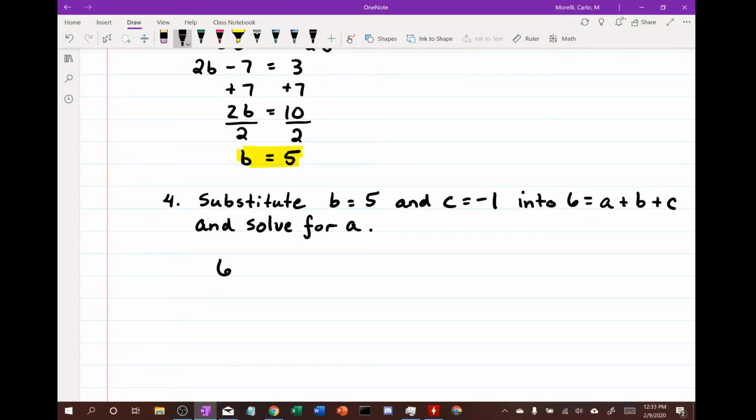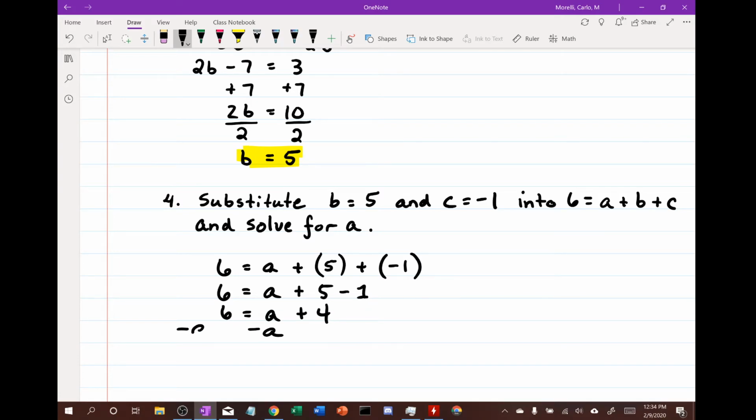So 6 equals a plus, open parentheses, 5, close parentheses, plus, open parentheses, -1, close parentheses. So 6 equals a plus 5 minus 1. So 6 equals a plus 4.